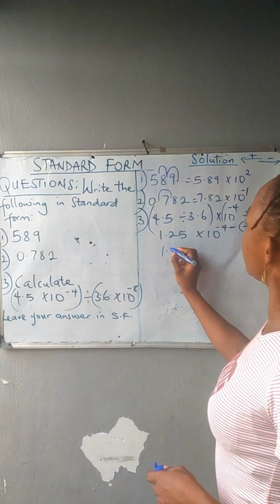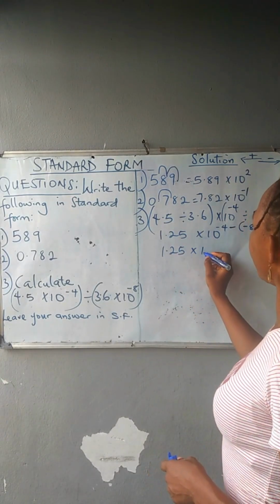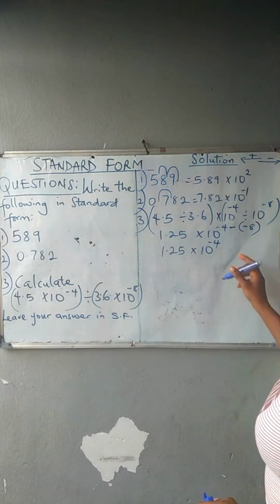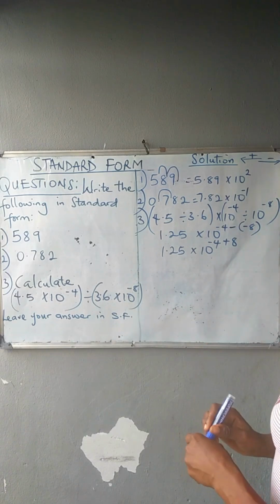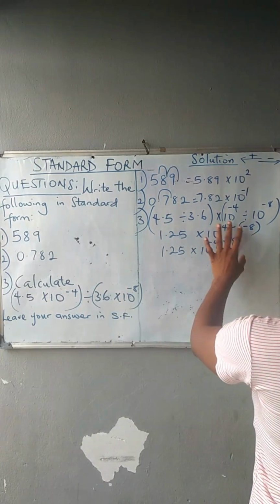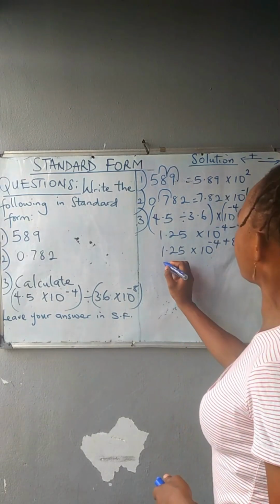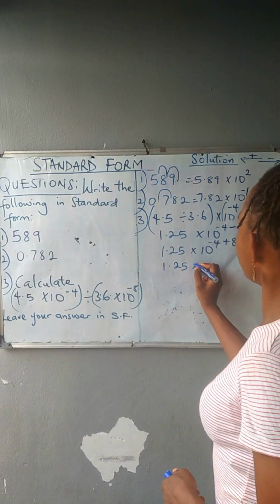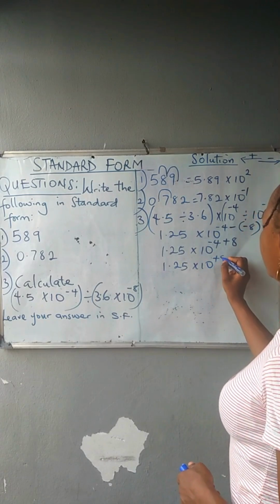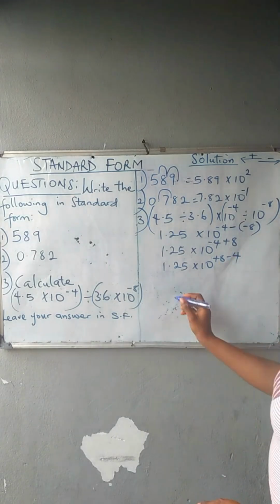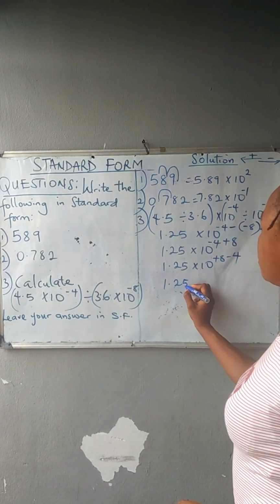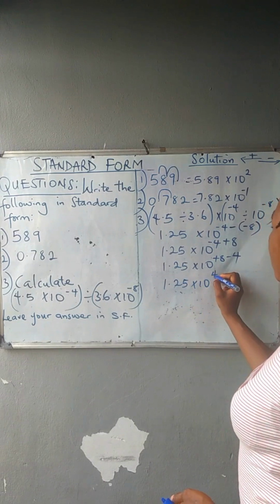So we have 1.25 multiplied by 10 raised to power minus 4. Minus times minus will give us plus, so we have plus 8. When you are at this stage, the best thing to do is to bring the positive before the negative. So you have 1.25 times 10 raised to power plus 8 minus 4. So this is 8 minus 4. So 1.25 multiplied by 10 raised to power 4.